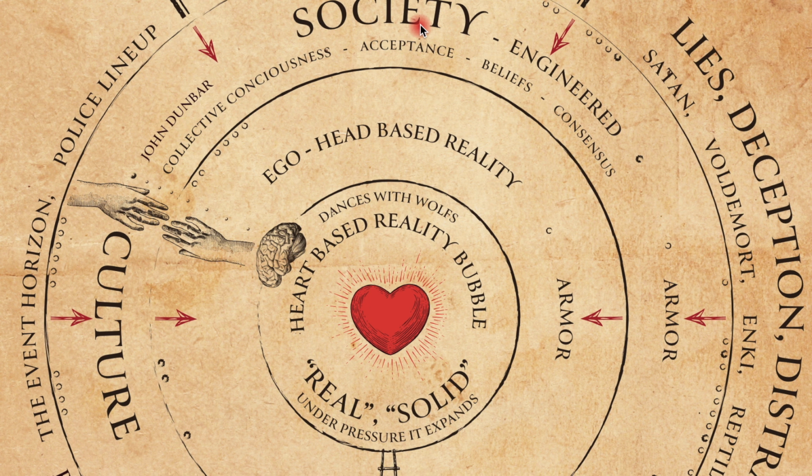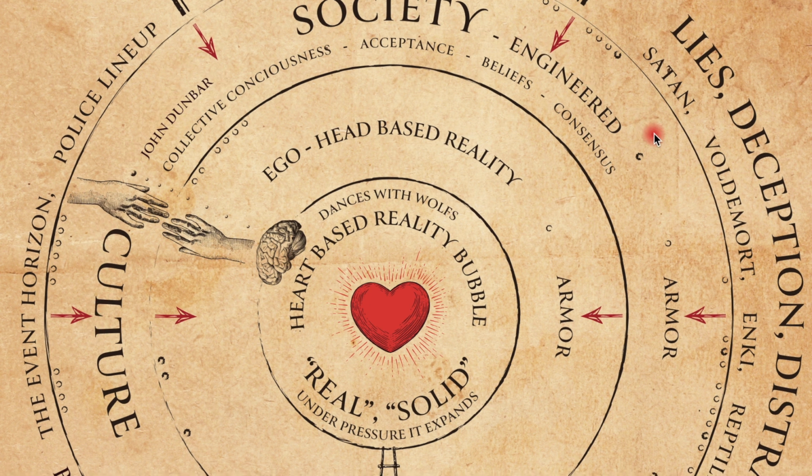So the society and the whole culture on this outer ring is to lean on with weight to influence the ego head-based reality, which of course is the conduit into the reality generation abilities of the real human being.